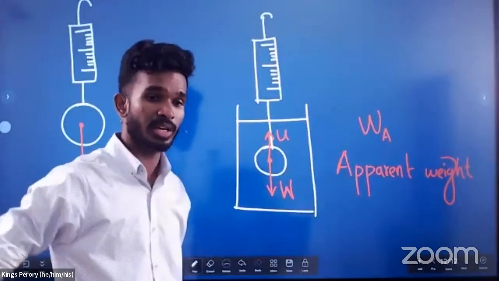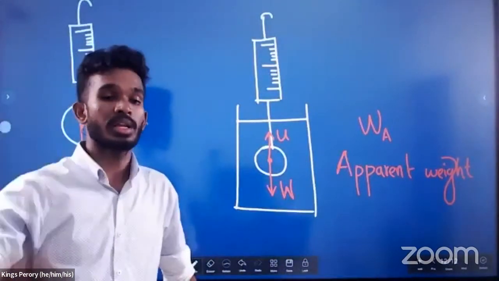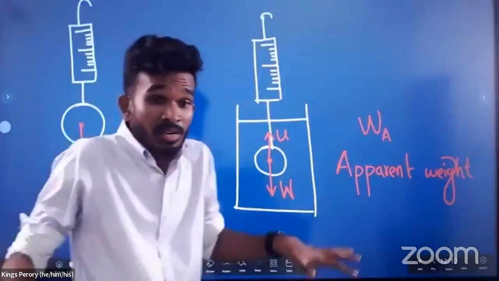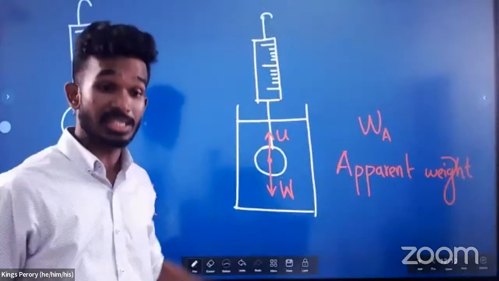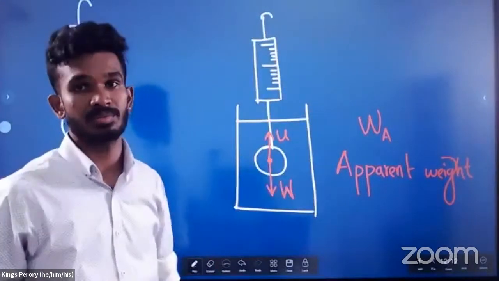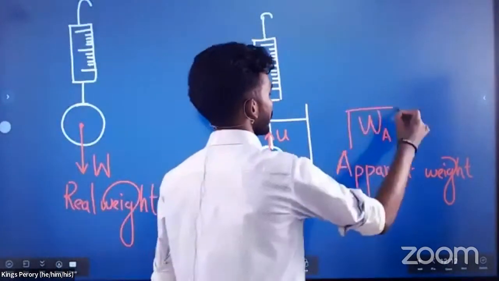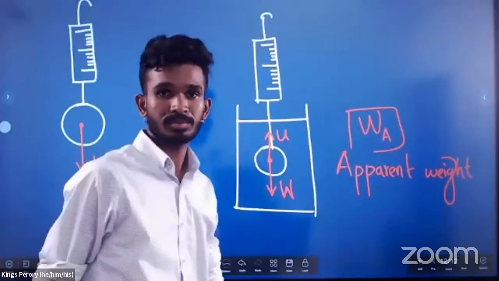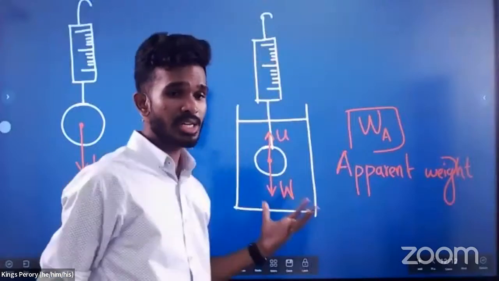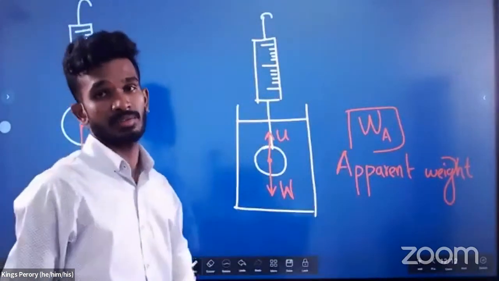It will decrease. That's why we feel as if the weight is less. Is it real weight? No, that's not the real weight. You name it as apparent weight. The moment you take it out of the fluid, you will again feel the real weight. So when the object is immersed inside, we feel an apparent weight.